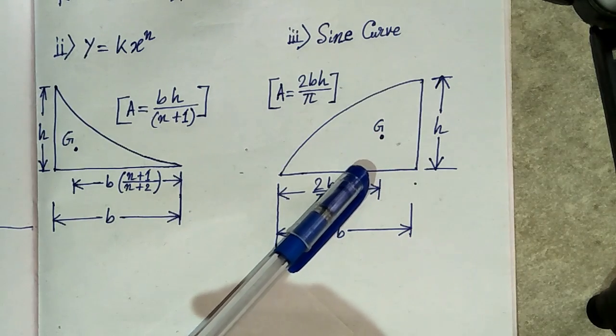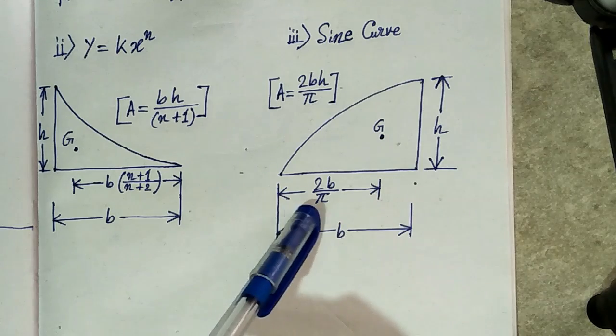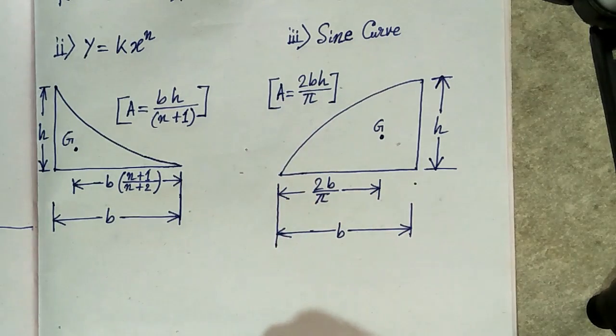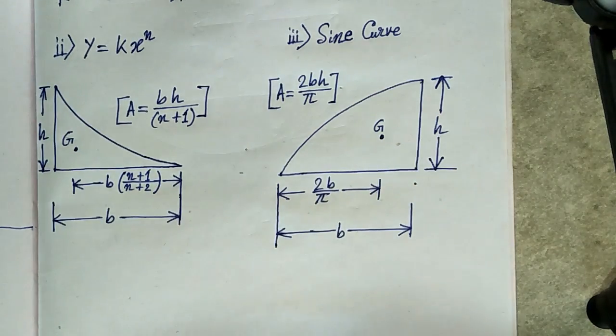For a sine curve, base b, height h, the CG is at 2b by pi and the area is 2bh by pi. These are the basic geometric diagrams and their CG positions.